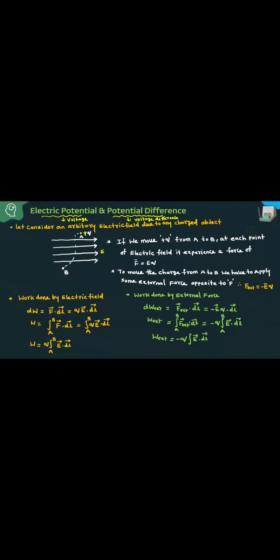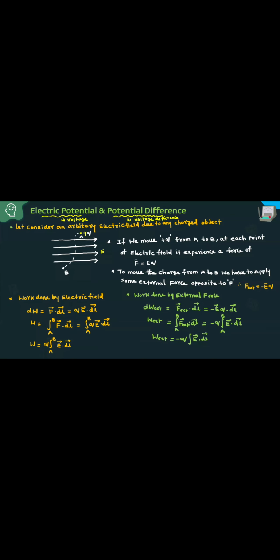We know that whenever a charge enters an electric field, there is a force on the charge. If we have to move this charge from A to B, at every point of the electric field a force is produced on the charge, so we have to apply an external force in such a way that we overcome that force and move the charge from A to B.